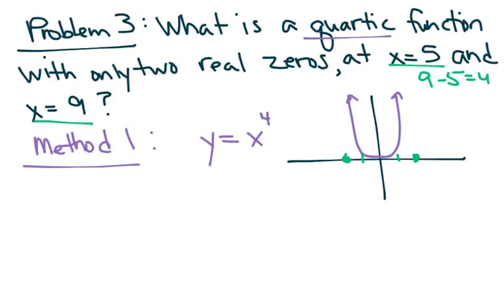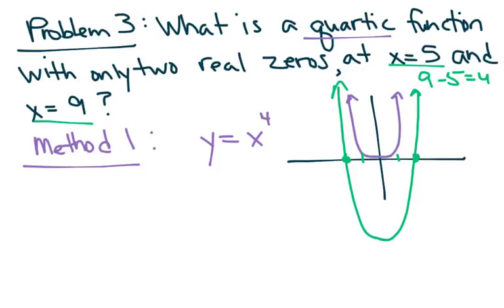Well, if I do that, I'm going to have to shift my graph down in order for this parabola-looking shape to hit the x-axis at 2 and negative 2.